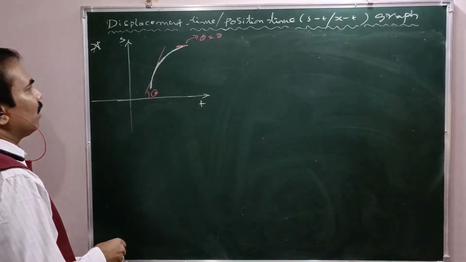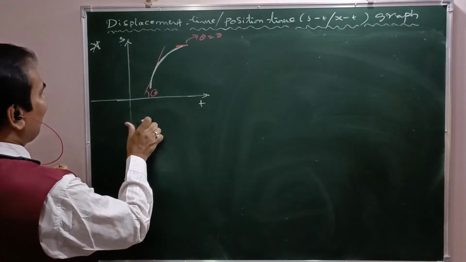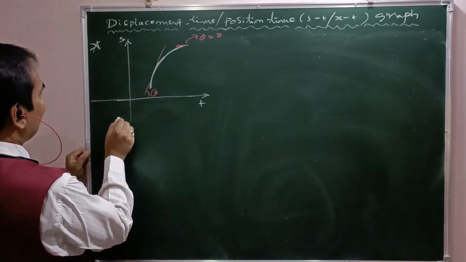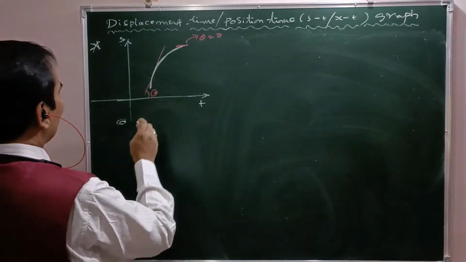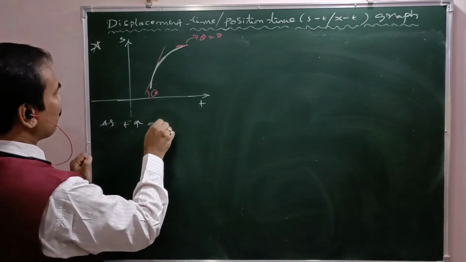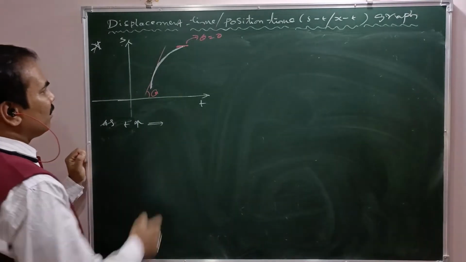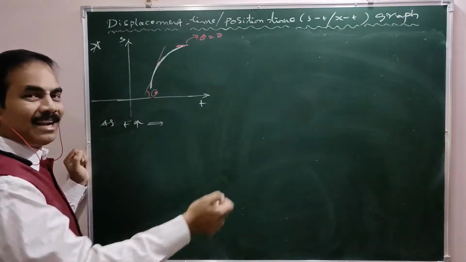Am I right? Now see, what about theta? Theta changes with the time. As time increases, what happens? Here is a finite value for theta, but here 0, means theta decreasing.